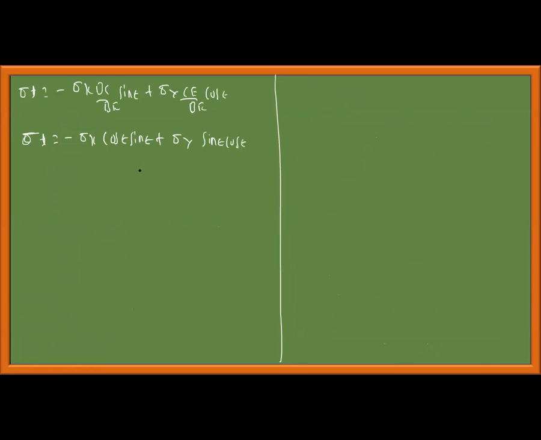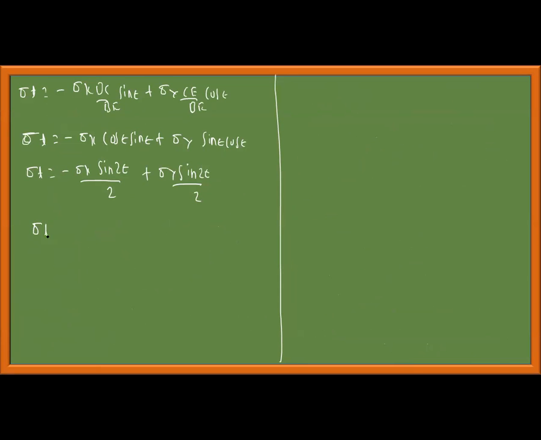Since sin 2a is 2 sin a cos a, this is minus sigma_x sin 2 theta by 2 plus sigma_y sin 2 theta by 2.